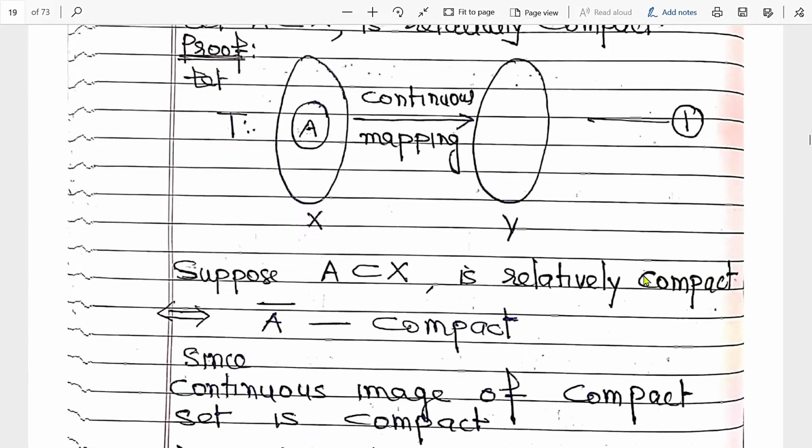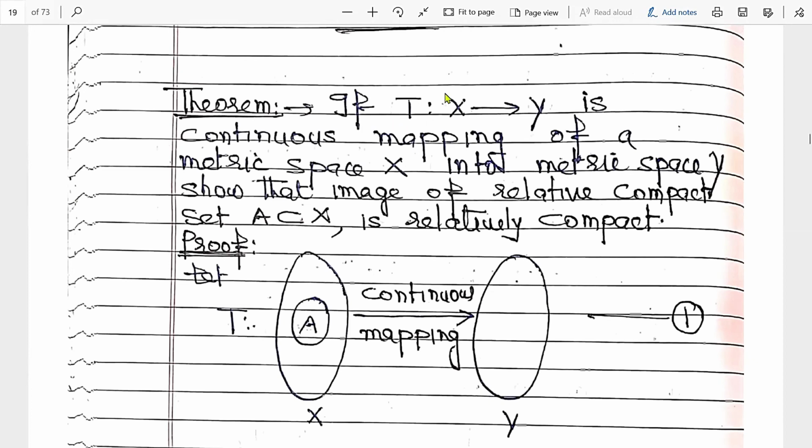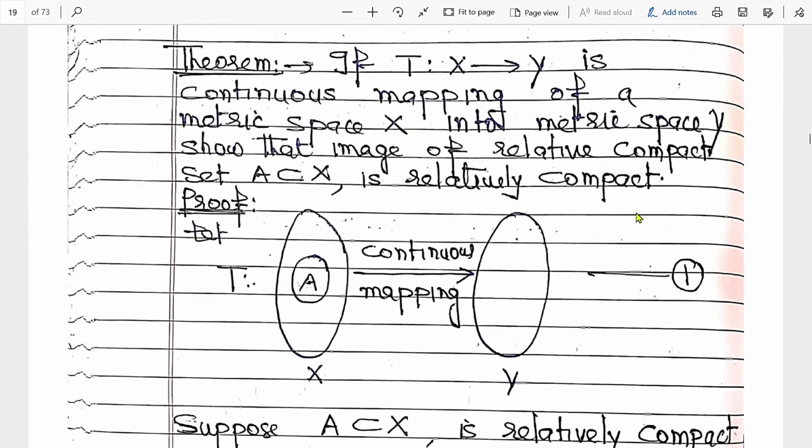Now the next result: if T from X to Y is a continuous mapping of a metric space X into a metric space Y, show that the image of a relatively compact set A is relatively compact. So this is X, this is Y, and T is a continuous mapping. Basically, the continuous image of a relatively compact set is relatively compact.